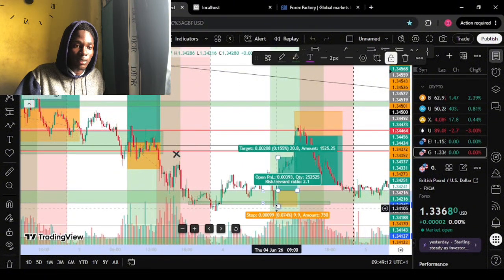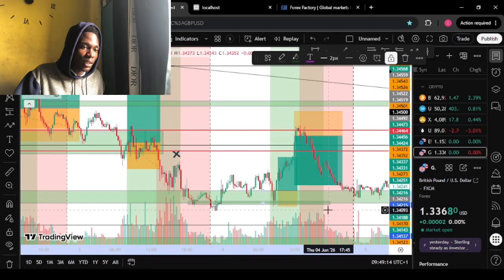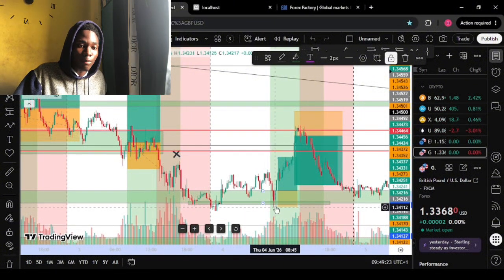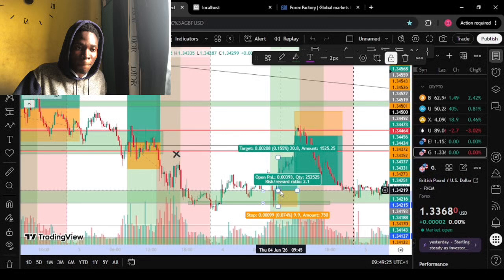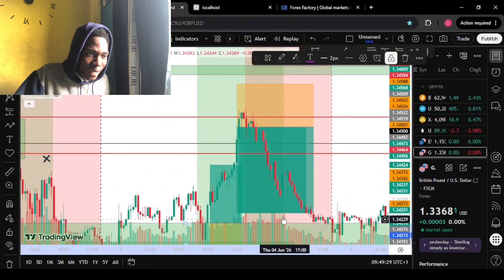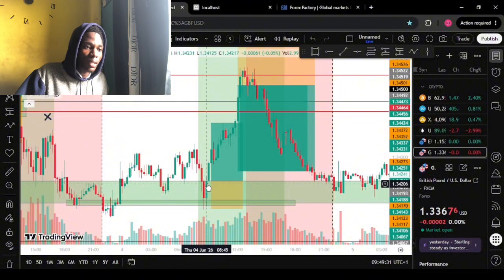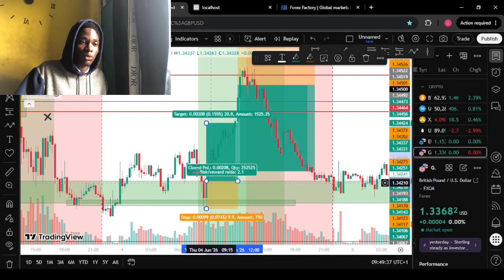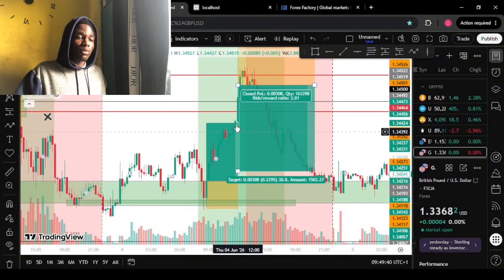I extended it to the future, and price came into this zone, gave weak rejections around here, and closed bullish above. Let me show you this so you can better grasp that. So it closed above this zone here. Immediately I locked in my position on this, and that was when we had this bullish move to the upside.